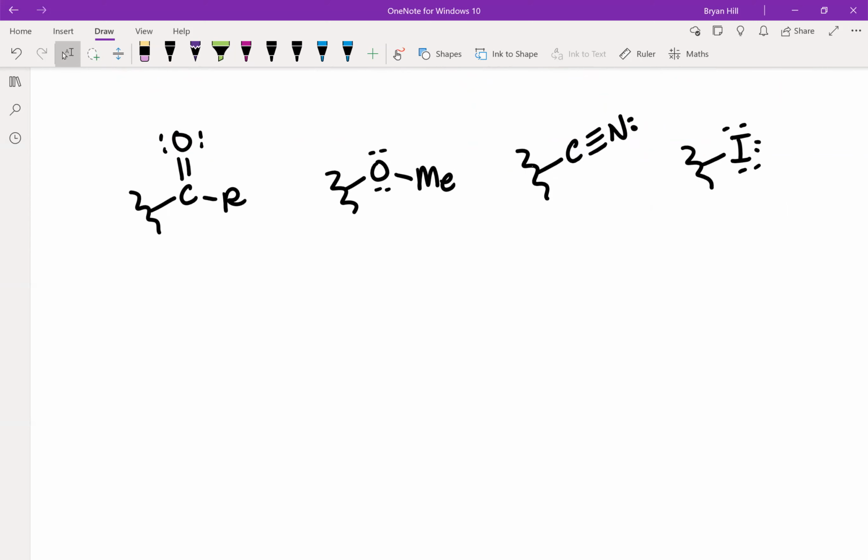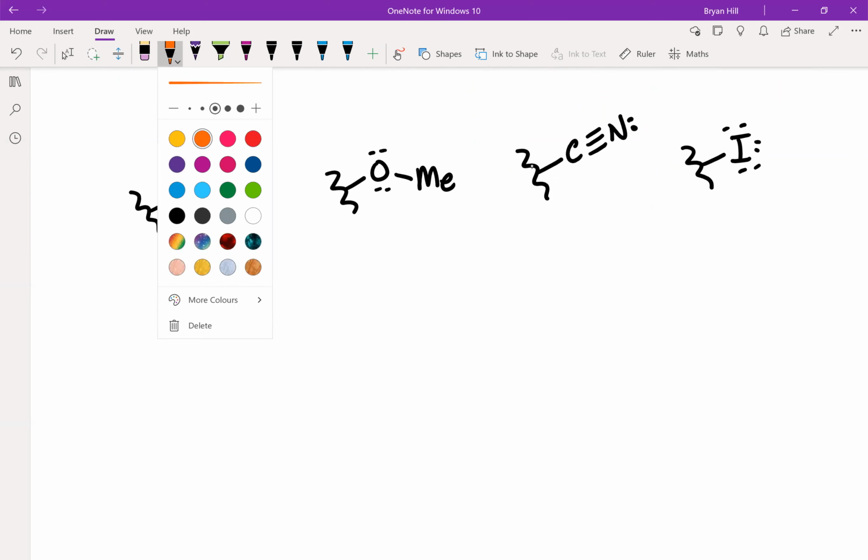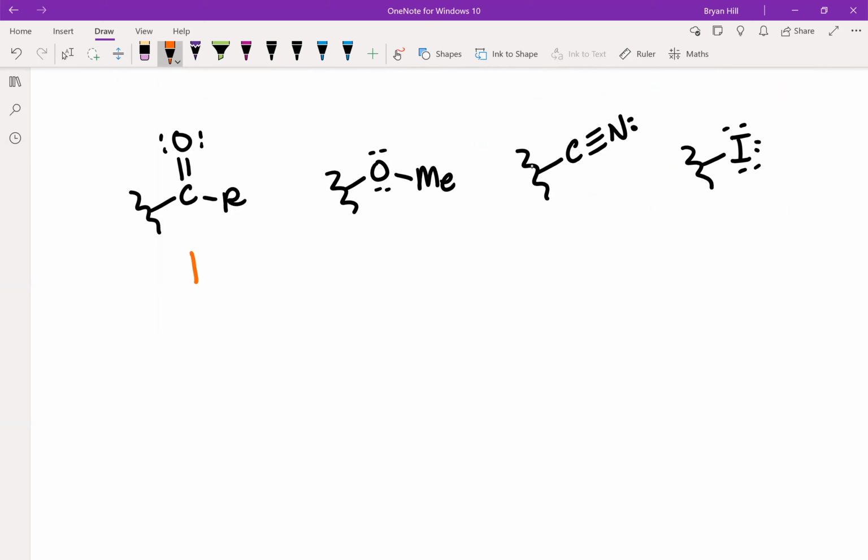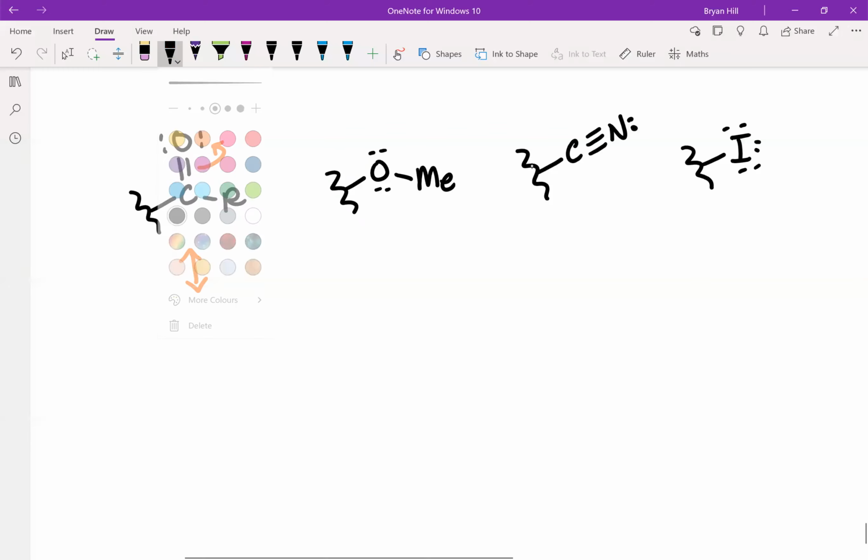The way I would view this is to just think of the resonance structures that these groups have. So if you've got a ketone, for example, we can draw a resonance structure where we move this electron density onto the more electronegative oxygen.